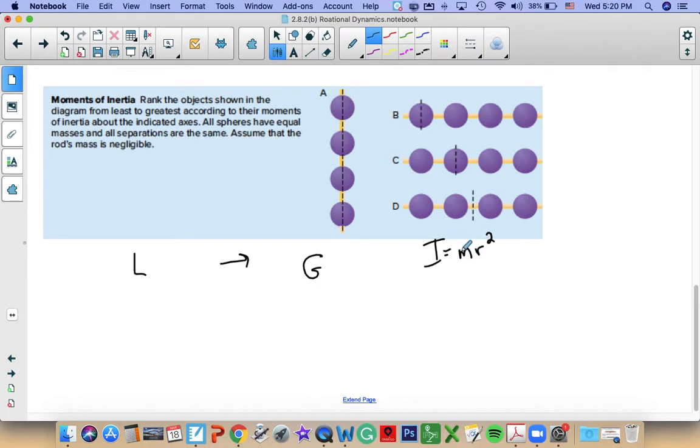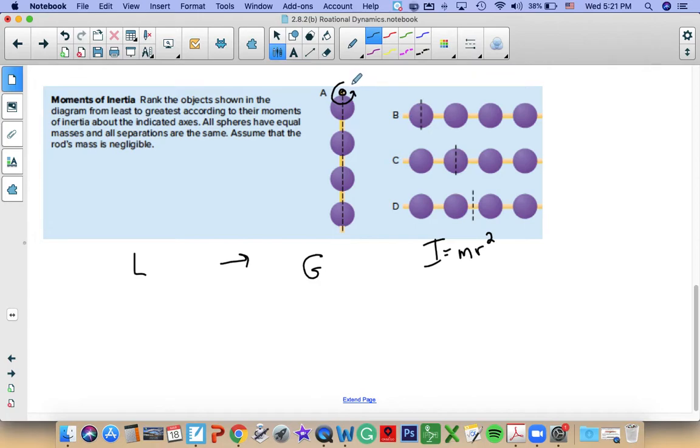So which one is going to have the least mass away from the smallest radius? Actually A is going to be the smallest, because that's like you grabbed it here and then started spinning it like that.